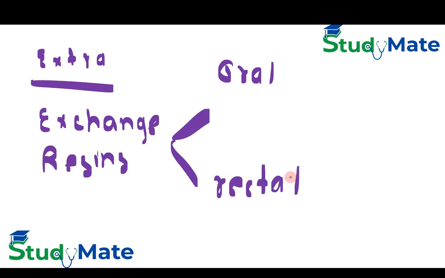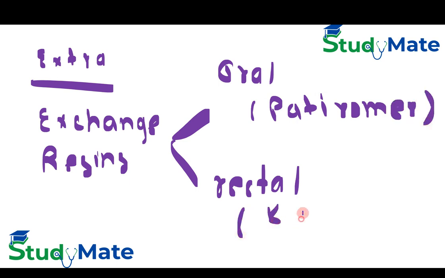Oral exchange resins include patiromer, and rectal exchange resin includes kayexalate. If you want to memorize the dose, then the kayexalate is given at 500 mg per kg rectally with removal by colonic irrigation after 8 to 12 hours. Only if you want to memorize, but I don't think this is that much important.